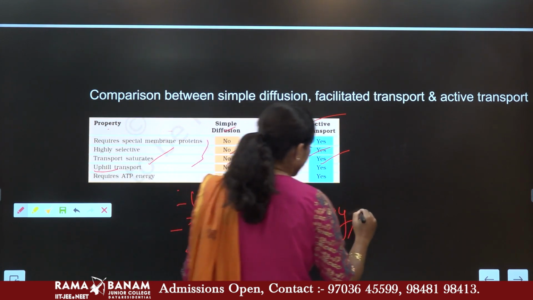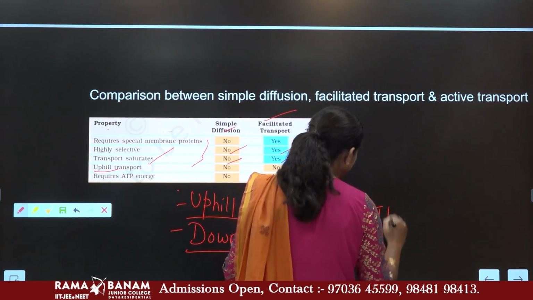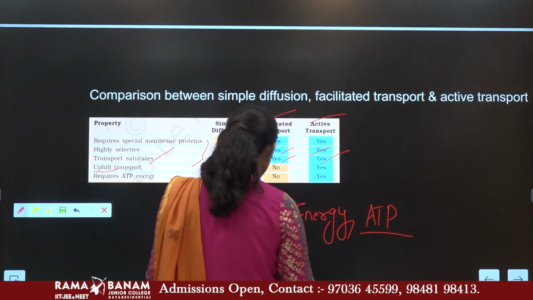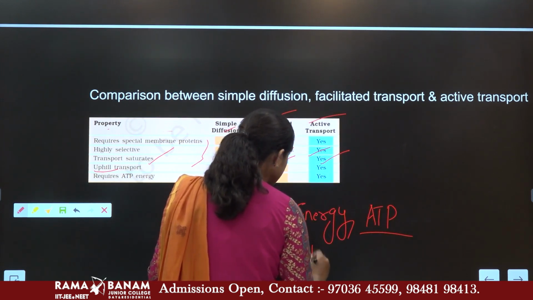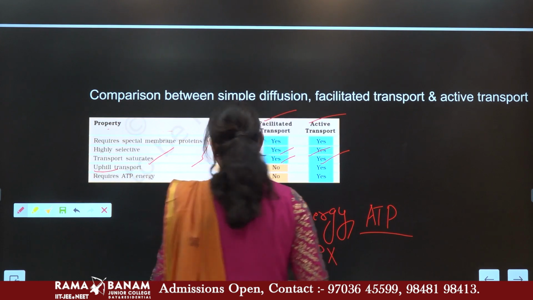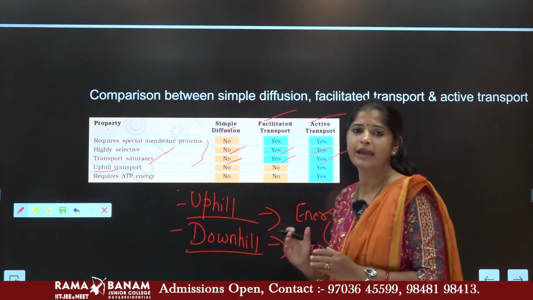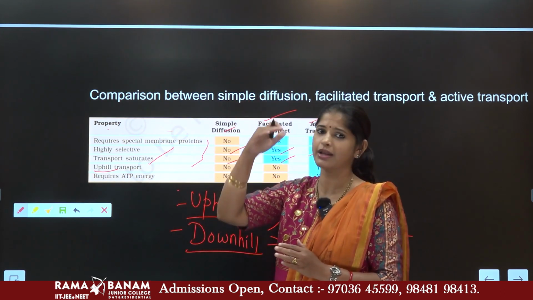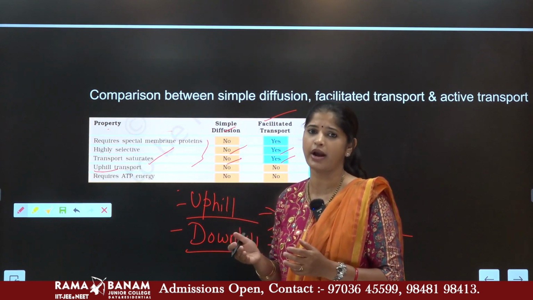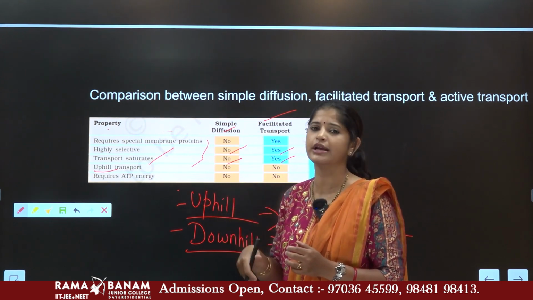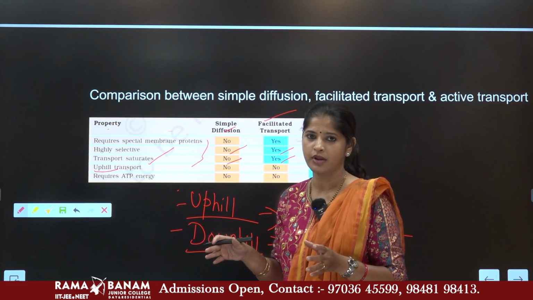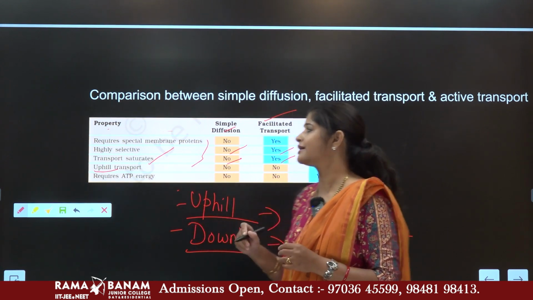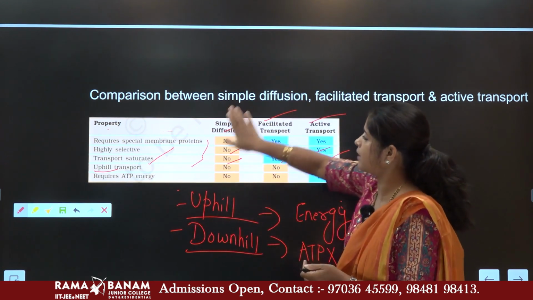Energy is required in the form of ATP. Downhill means no ATP is required, student. When you are climbing the hill, then energy is required. When you are coming down the hill, no energy is required.